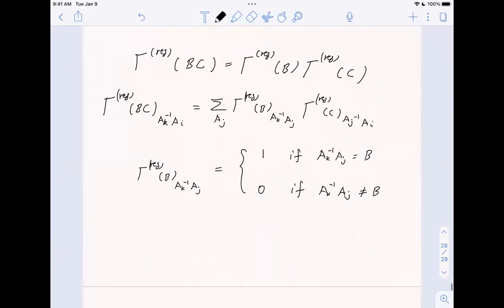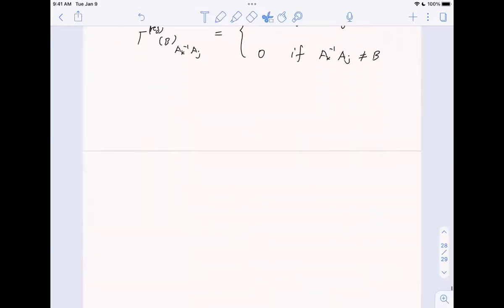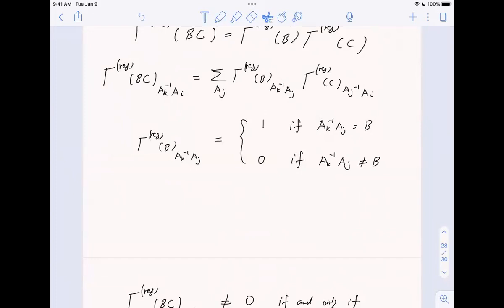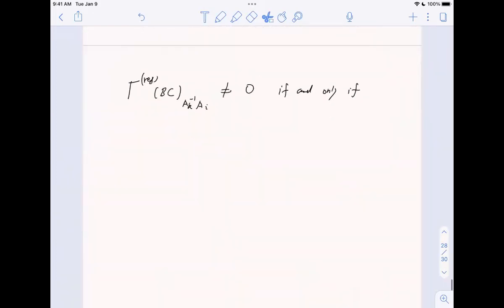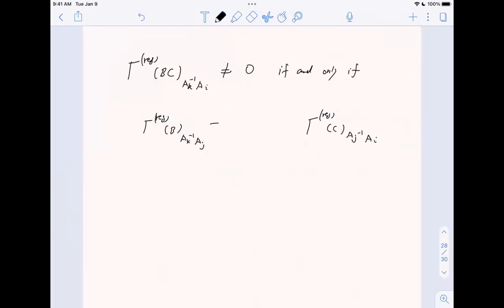Okay, so how can you make this finite? This one is not 0 if and only if both of them are not 0, because you're getting a product between them.